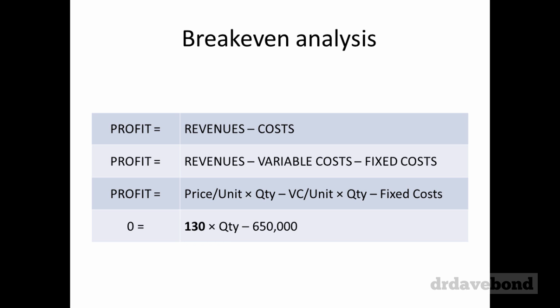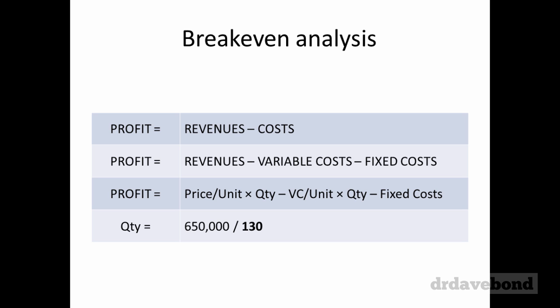130 times quantity minus 650,000. Move the 650,000 to the other side. Add 650,000 to each side, I should say. Swap the sides over, so we end up with quantity on the left. Divide both sides by 130, so you get quantity just down to 1 unit.